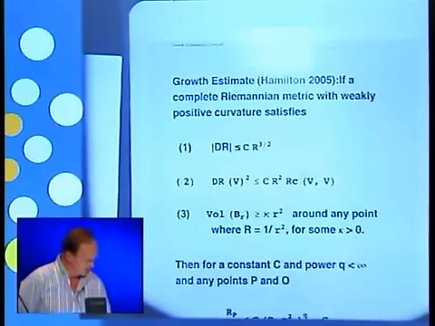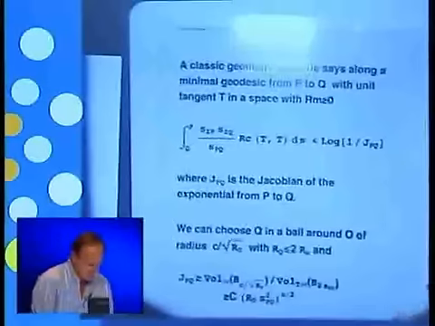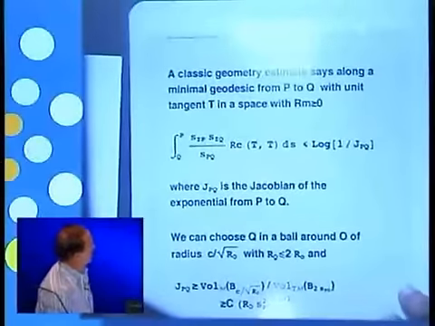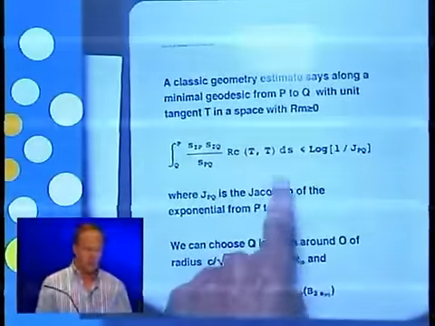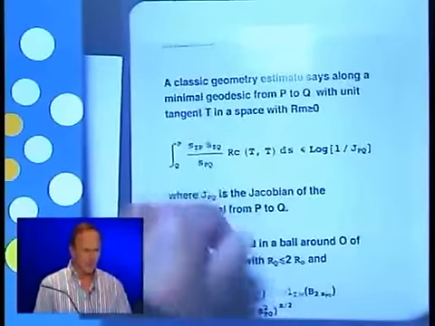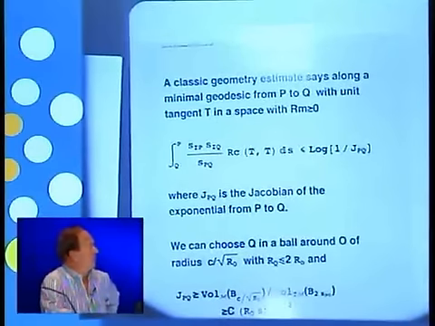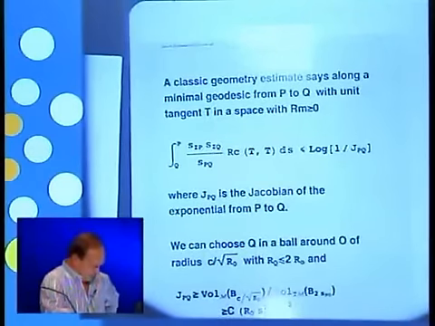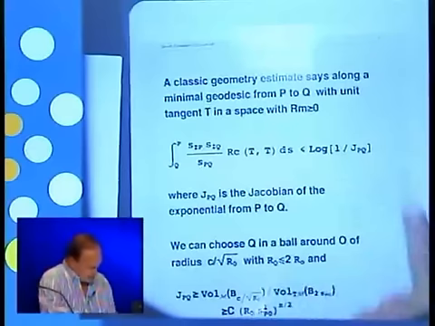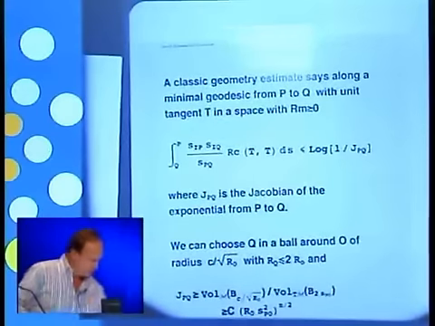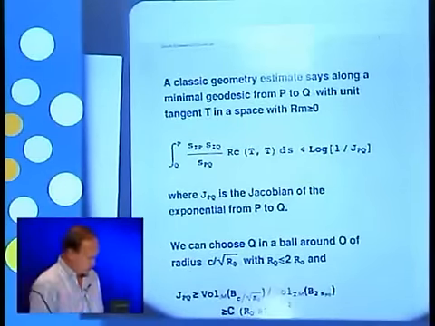Under these assumptions, that's what you need to get this power law. I'll just show you how you can use these estimates. There's a very nice classical inequality that says you can control the integral of Ricci along a minimal geodesic, with appropriate weighting of the distances, by the log of the Jacobian determinant of the exponential map from P to Q. And then you can make this Jacobian have a lower bound in this case because of all the control you have over the curvature and the volume.